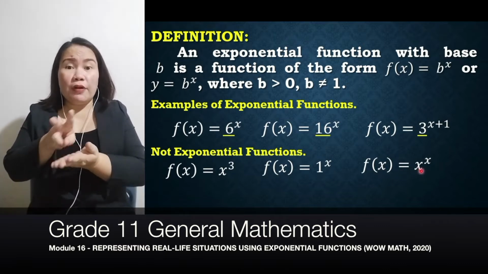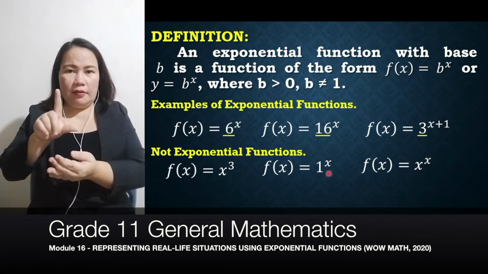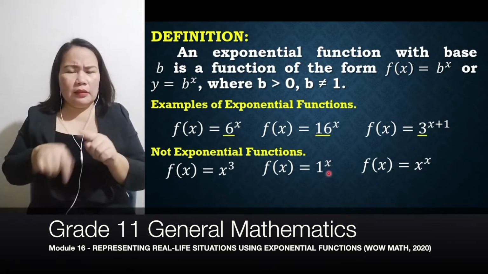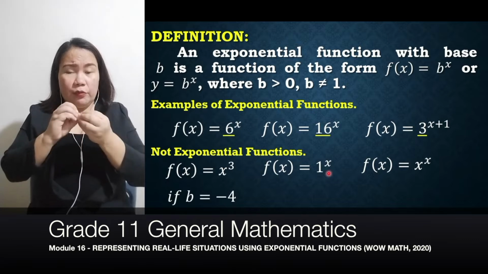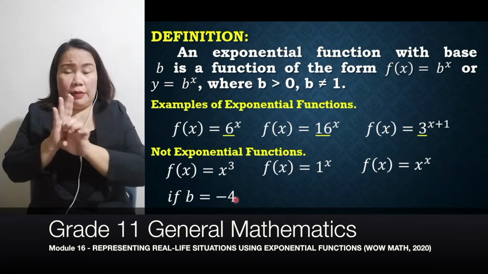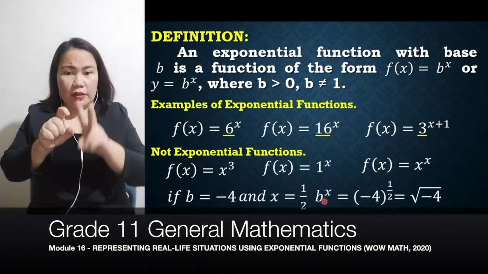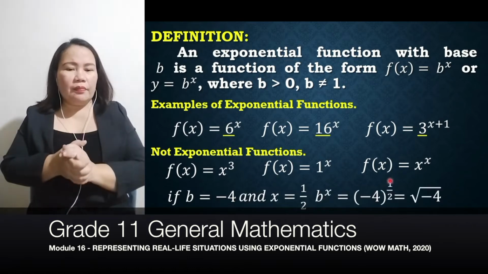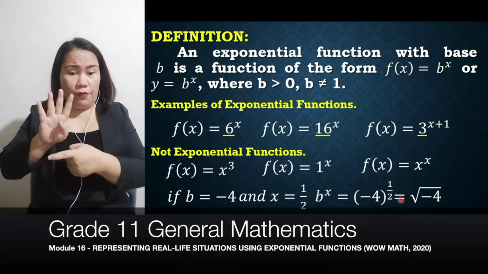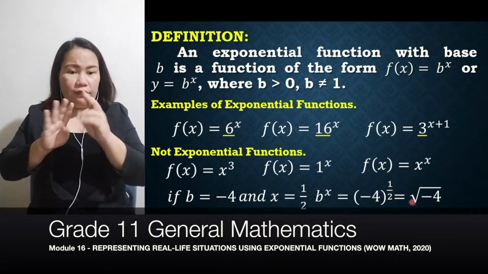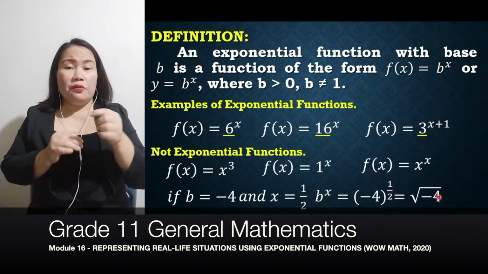Okay, bakit hindi pwede maging negative numbers yung base natin? For example, meron tayong base na negative 4 and yung exponent natin is 1/2. We try to evaluate this. So, negative 4 raised to 1/2, kapag in-evaluate natin, the answer is square root of negative 4.